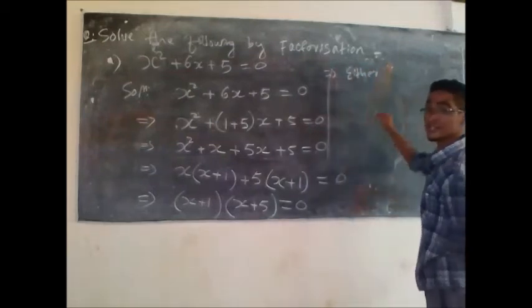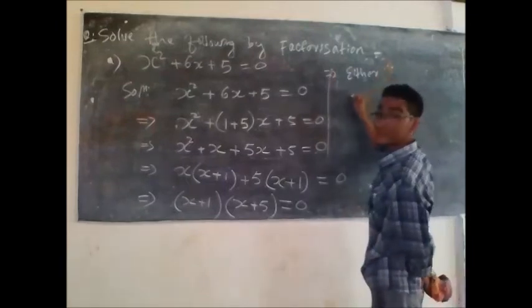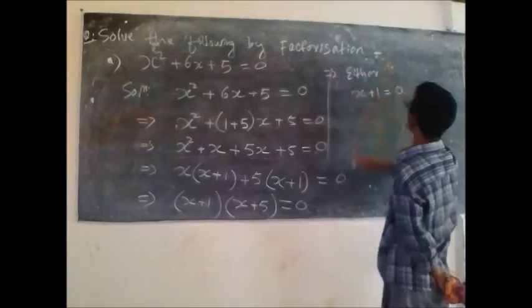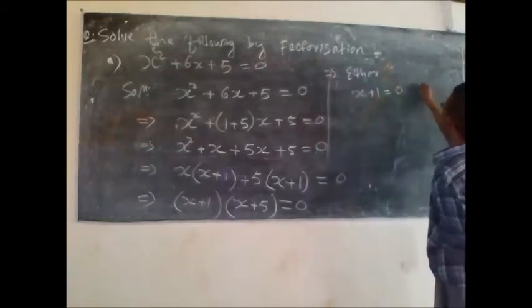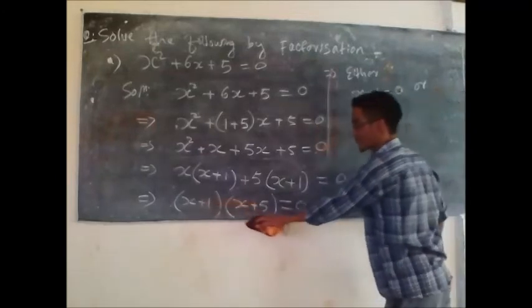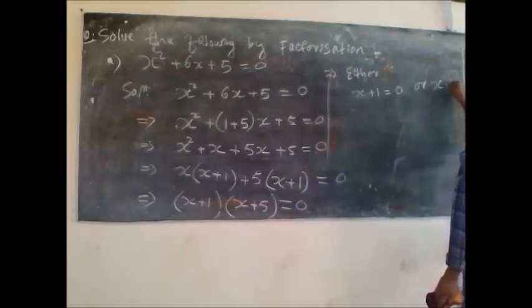So either x plus 1 equal to 0 or x plus 5 equal to 0.